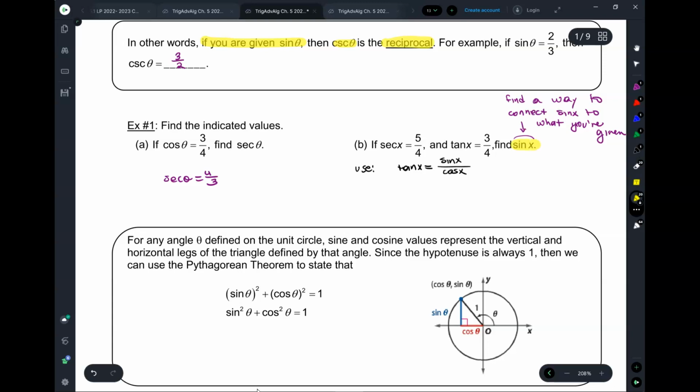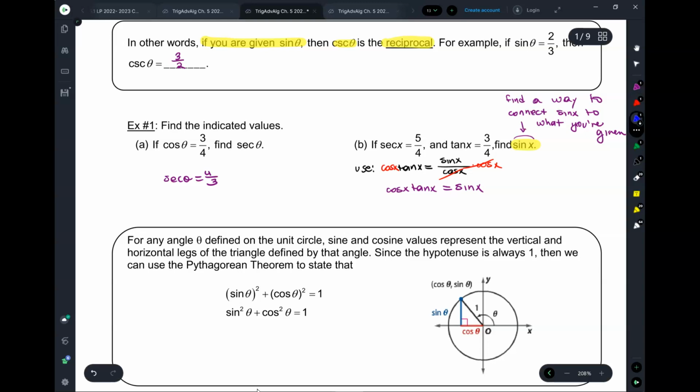Sine of x. So here, is there any way I can get sine of x alone by getting rid of the cosine? Yeah. Multiply both sides by cosine, right? So now I got cosine x times tangent x equals sine x. Okay, cool.